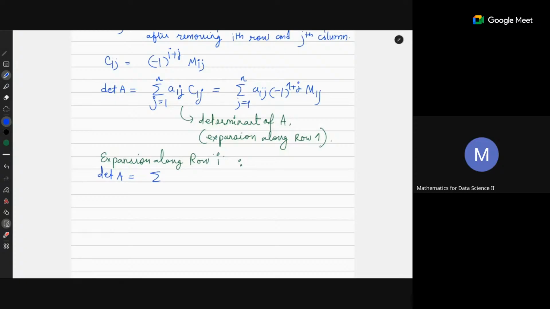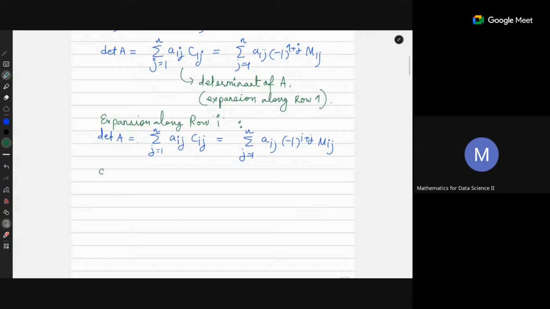So how will I do that? Aij, where i is fixed in this case and j will be varying, and then you will look at the cofactors in that row, and j will vary from 1 to n, which will again be the same as Aij times minus 1 to the power i plus j times Mij.